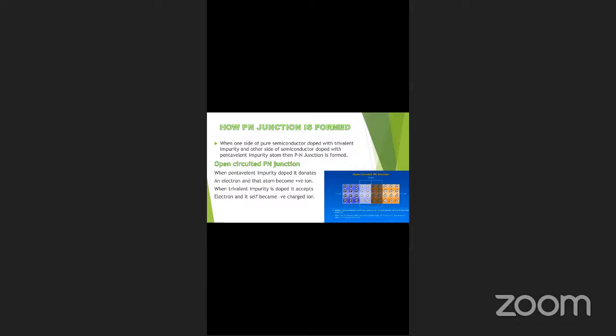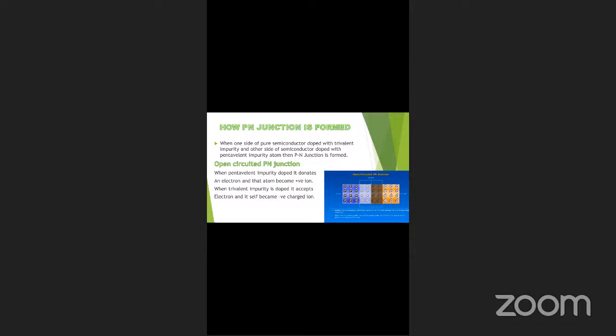Trivalent impurity atom has 3 valence electrons in its outermost orbit. It means there is a deficiency of 1 electron in order to complete the 4th covalent bond. This deficiency of electron is known as a hole. Every trivalent impurity atom creates one hole, which is ready to accept 1 electron. So, trivalent impurity atoms are known as acceptor impurities.